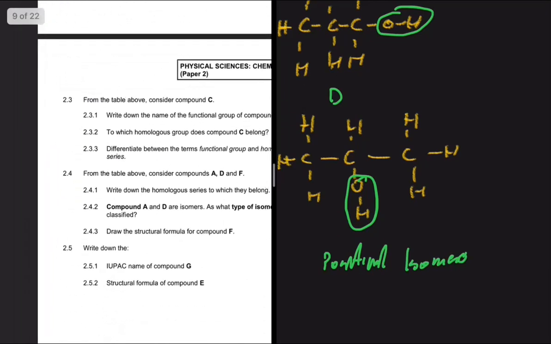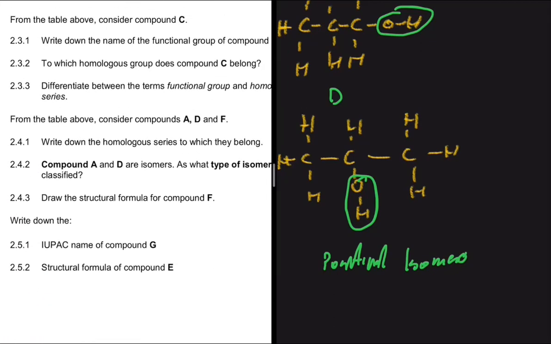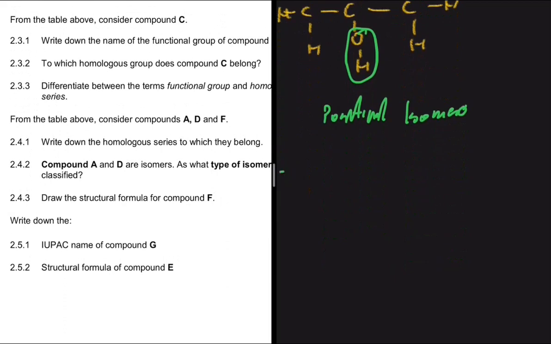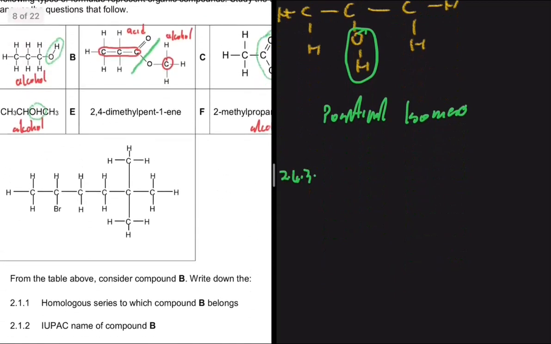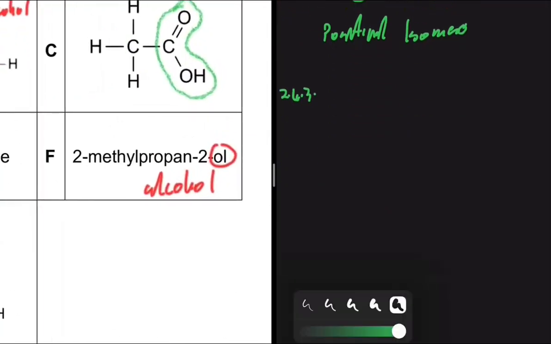The third question, 2.4.3, we are asked to draw the structure of compound F. Let's look at compound F: 2-methylpropan-2-ol. Let's start with the prop. As soon as we see prop, we know that we need 3 carbons. So we have 1, 2, 3, and then 2-ol.